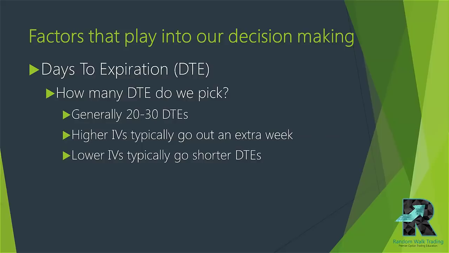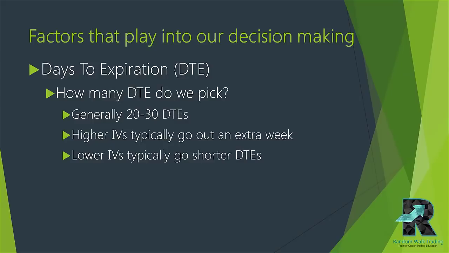Higher implied volatility typically will go out a little extra time, an extra week or so when we get higher implied volatilities. Lower implied volatilities, we might go shorter in duration, just to take advantage a little bit of volatility. But volatility is going to disintegrate once you get to day 1, day 2 of your trade, and get into your gamma situation where you're trying to balance your theta and gamma ratio.